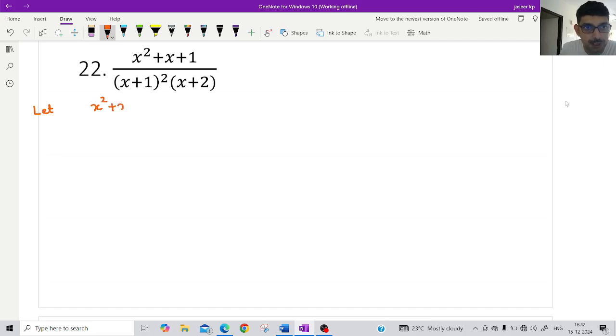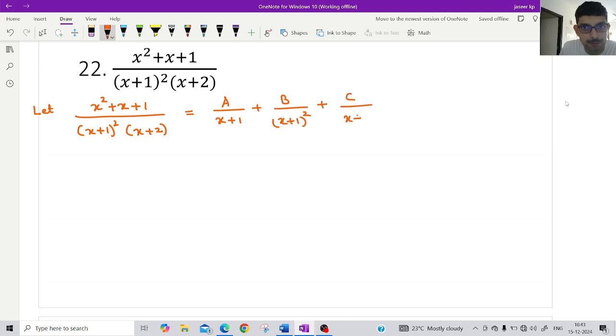Since (x plus 1) whole square is a repeated factor, we write it as a by (x plus 1) plus b by (x plus 1) whole square plus c by (x plus 2).